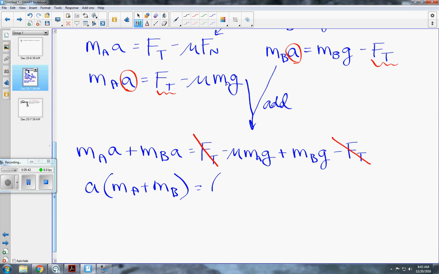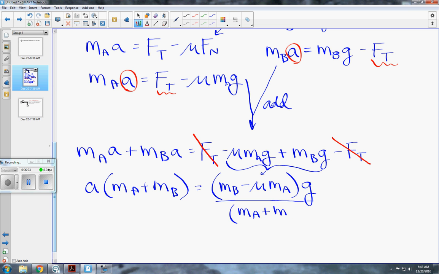So we get mass B minus mu times mass A times g. So I basically just rearranged that and factored out our g. And then we divide by mass A plus mass B. So we're going to divide both sides of the equation.